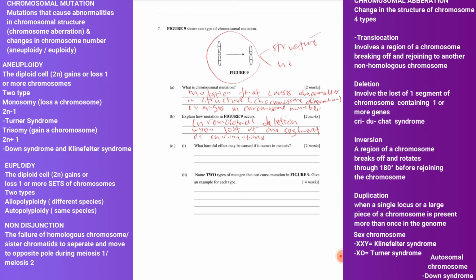An example is cri-du-chat syndrome, because deletion occurs in the 5th chromosome. Example of chromosomal deletion.